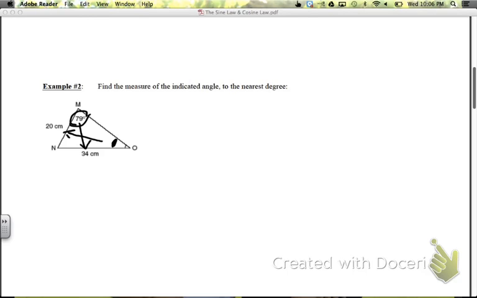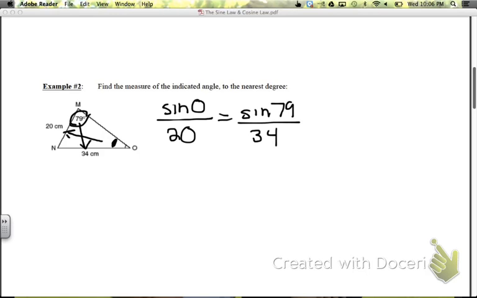Since in this case I'm trying to find my angle, I'm going to have my sine O in my numerator all over 20, which is equal to sine 79 all over 34.